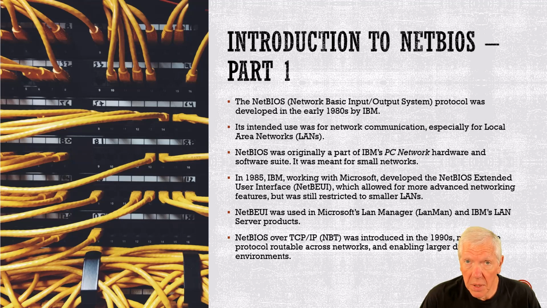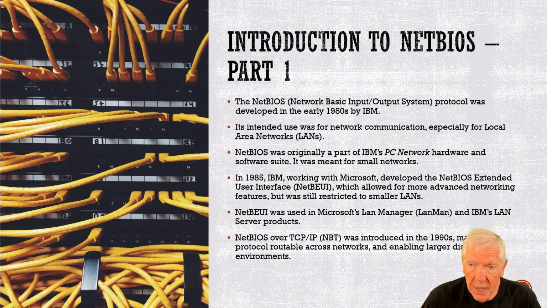It was developed in the 80s by IBM, and it was for use with local area networks, LANs. Everyone, I'm sure, is familiar with the idea of a LAN where 5, 10, 15 PCs, or computers, laptops, tablets, were all connected together in some way. Today, probably by wireless, but back in the day using Ethernet, which you see on the screen there.